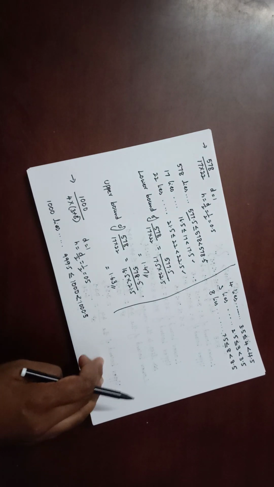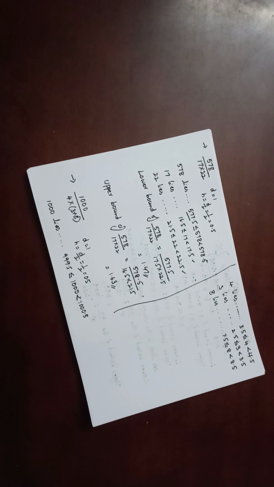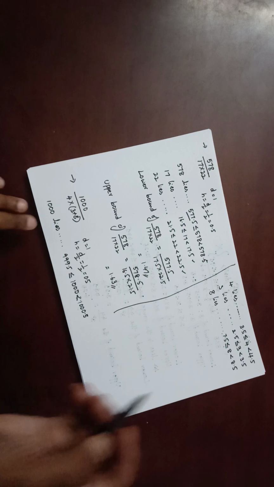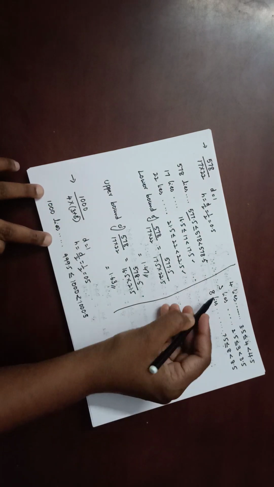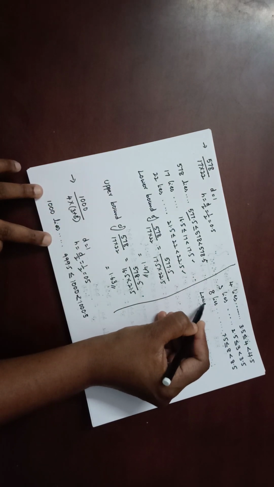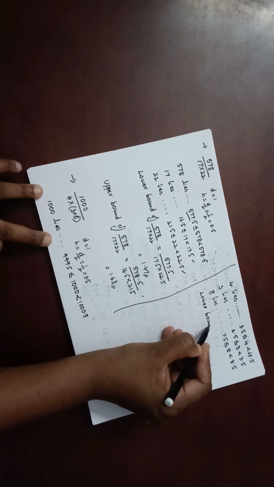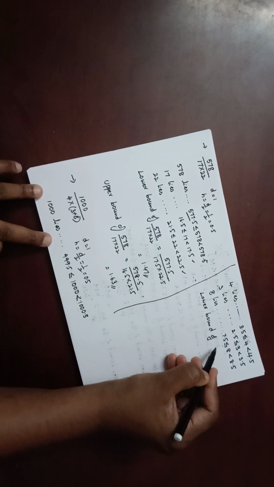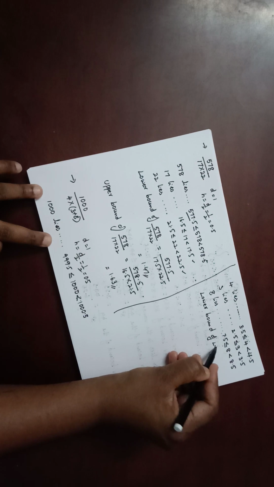Okay. So next what will happen, you see. Now what I am doing: first I am finding the lower bound of the denominator, means 4 into 3 plus 8.